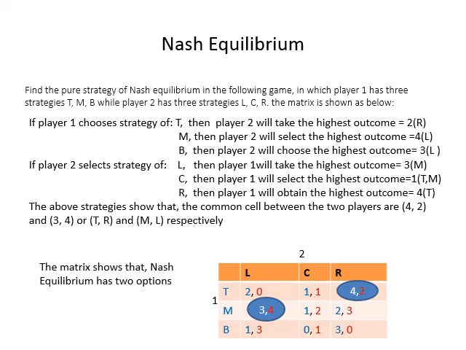If player 2 chooses the C strategy, then player 1 will look for the highest outcome, which is in M and T.